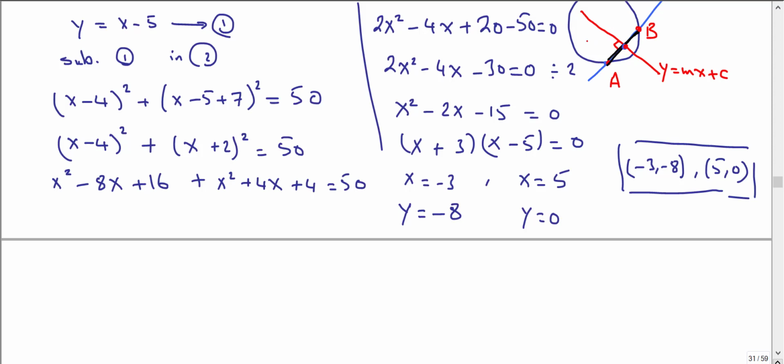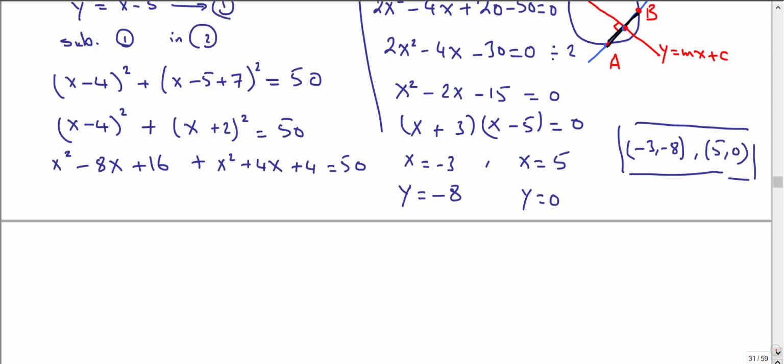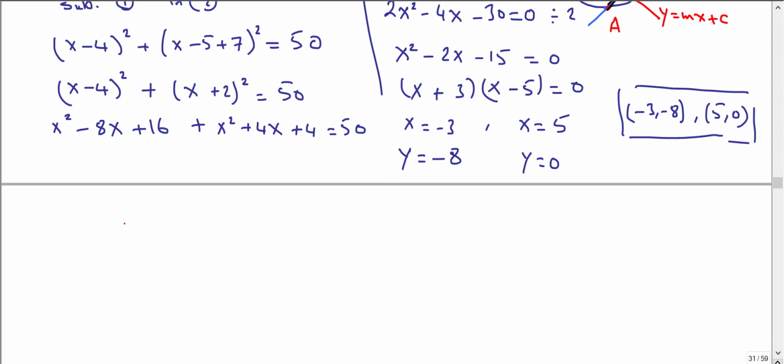How to find this point here? This is a midpoint. So this is how you do it: (x1 + x2)/2 and then (y1 + y2)/2.